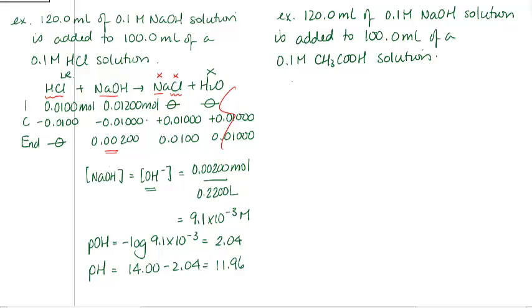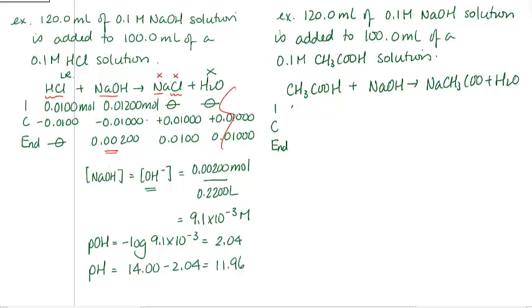So the first thing we do is the stoichiometric calculation. CH3COOH, and we add it to the NaOH, and we end up with NaCH3COO plus H2O.